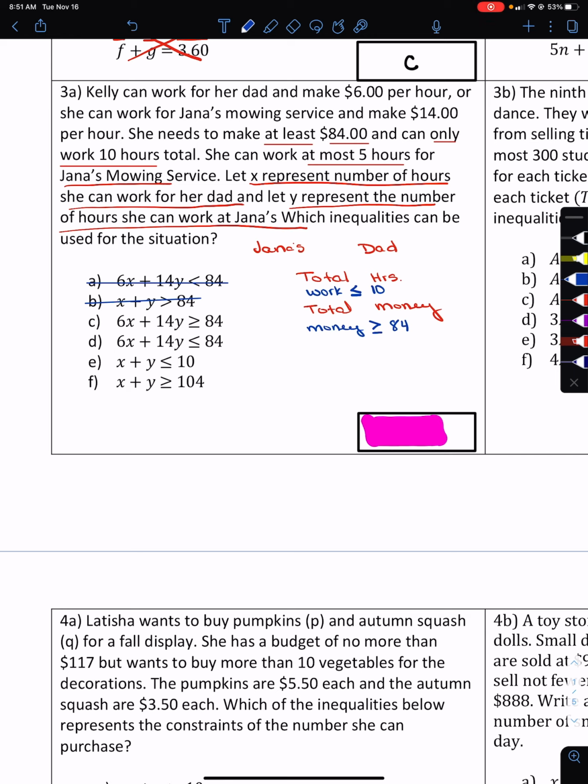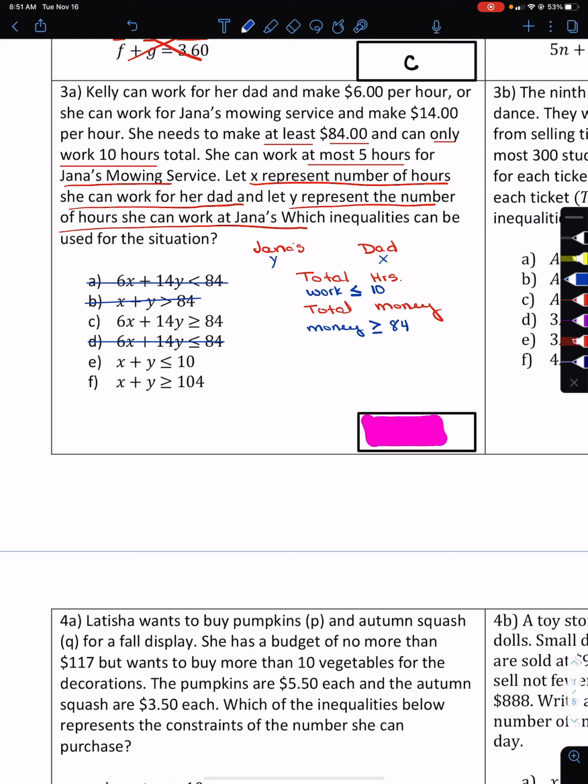All right, money. When we're talking about money, she wants to have the money be more than $84. Well, this one says less than $84. It's not going to be that one. So looking at C, 6X. Well, 6 represents the dollars per hour that she can work for. Who's X again? X is her dad.